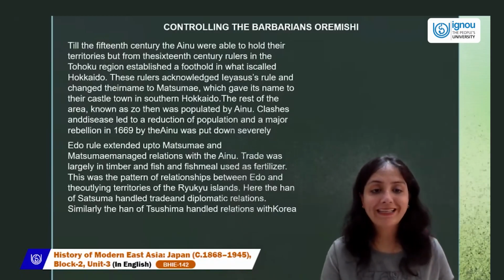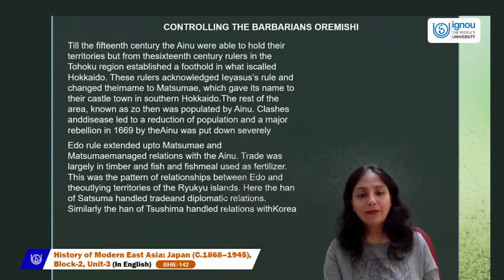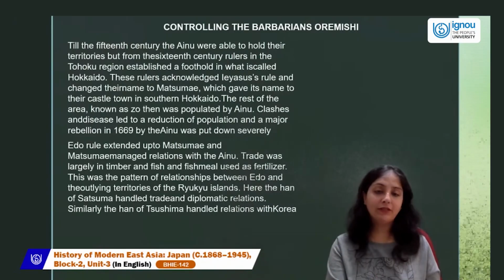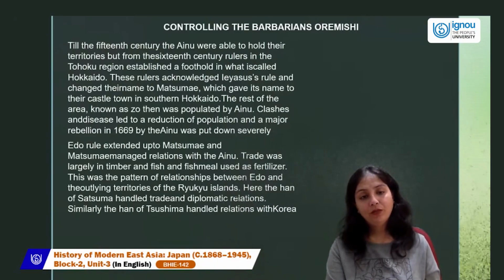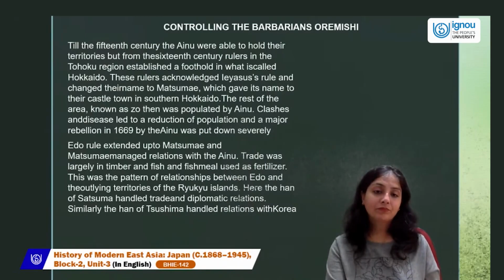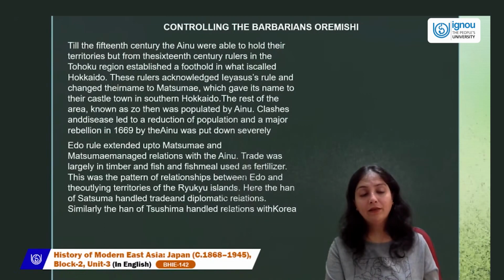Edo rule extended up to Matsumae, and Matsumae managed relations with the Ainu. Trade was largely in timber and fish meal used as fertilizer. The land was very suitable for producing fertilizer for Japan.